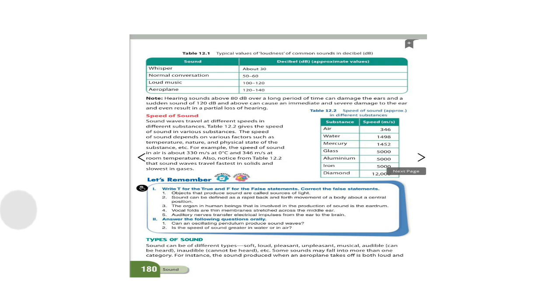The sound produced when an aeroplane takes off is both loud and unpleasant. It is unpleasant to our ears.